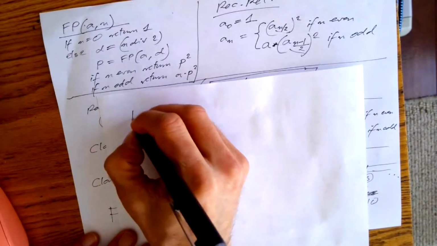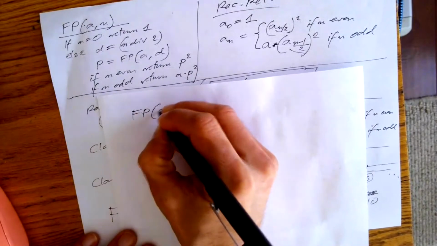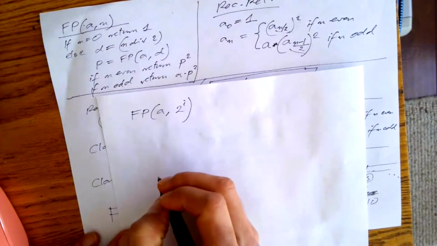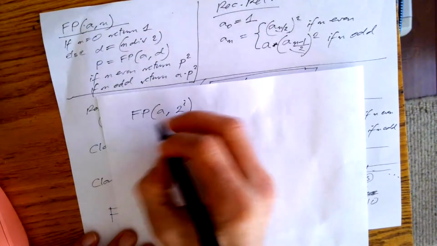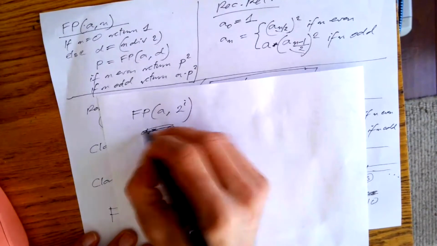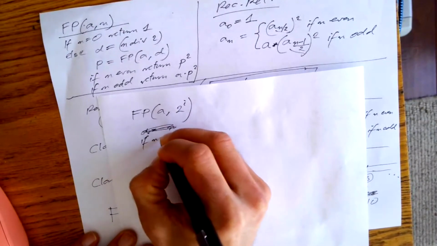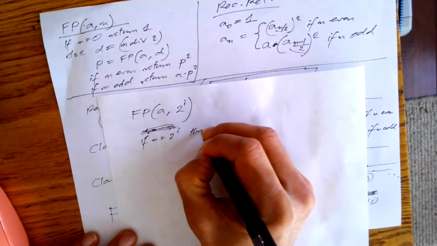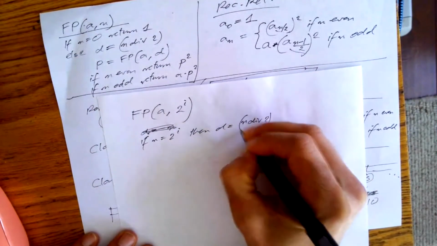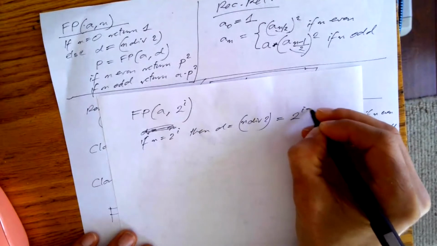So fp on a to the 2 to the i, let's say, does what? If n is 2 to the i, then d, which is n div 2, is 2 to the i minus 1.